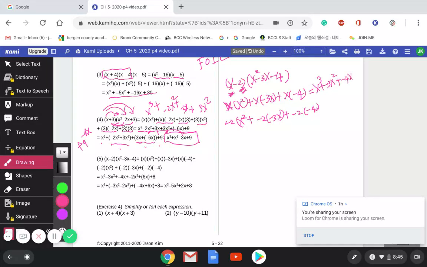Actually, it's a square here because you have 2 x's. Next one, I'm going to write under it negative 2x squared, plus 6x, plus 8.